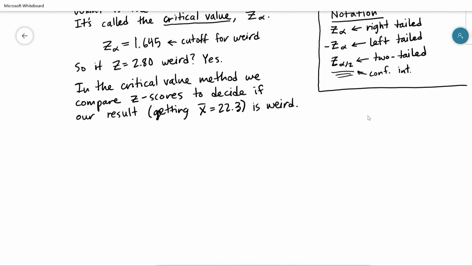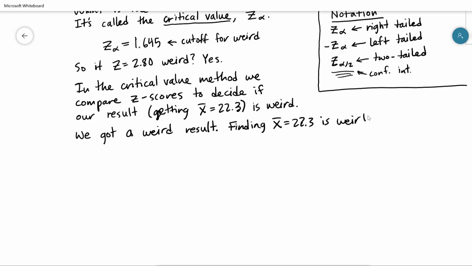So we just got a weird result. Finding x-bar equals 22.3 is weird if, as we claimed, mu was equal to 20.8. So if the true average is 20.8, it's weird in our sample to get an average of 22.3.